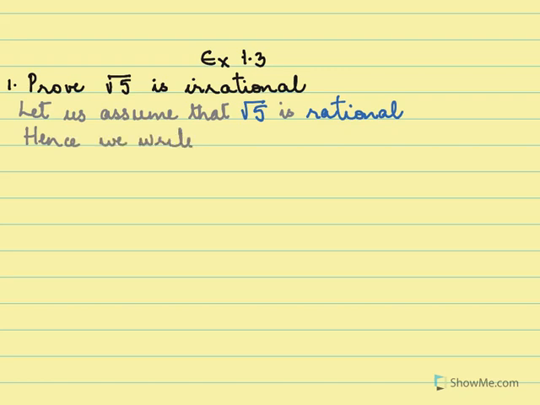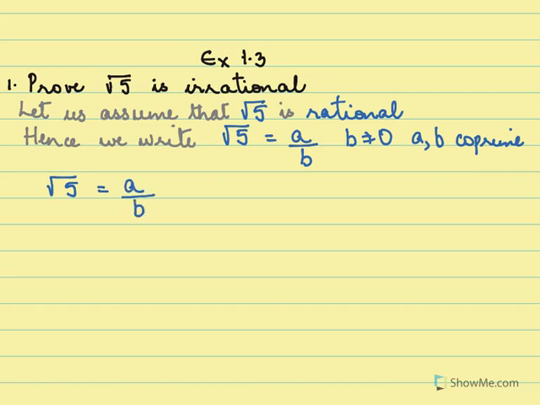Hence, we can write under root 5 as a over b, b not equal to 0, and a, b co-prime. So we have under root 5 equal to a over b, and if we square, we get 5 equal to a square over b square. So 5b square equal to a square.